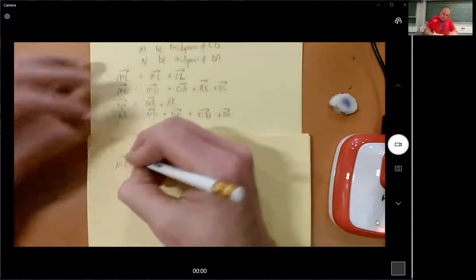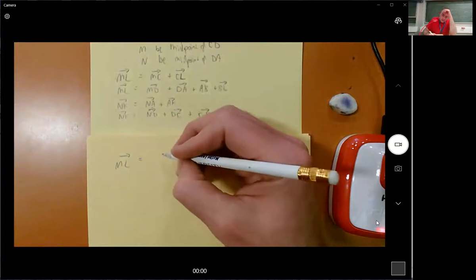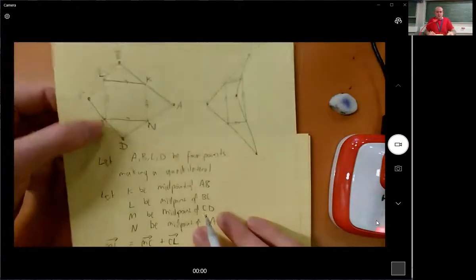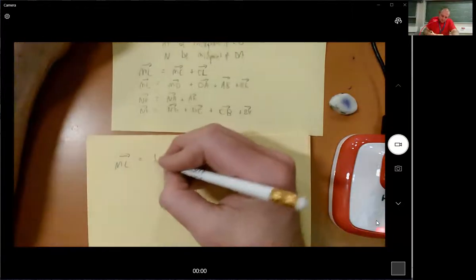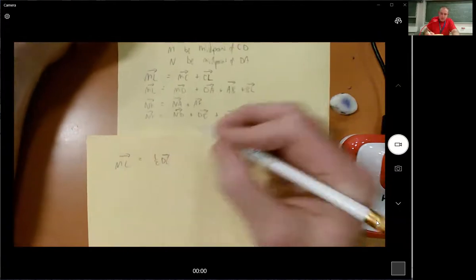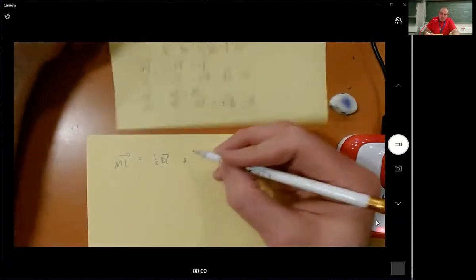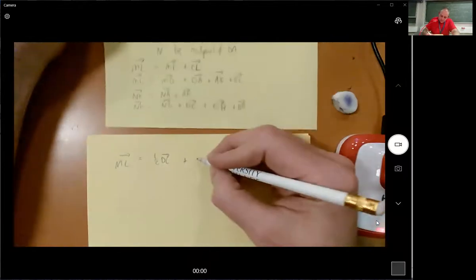So ML is MC, which is half of DC, and it's CL, which is half of CB.